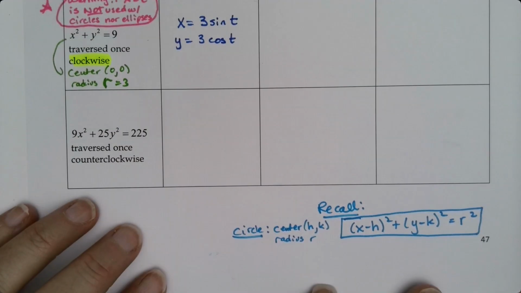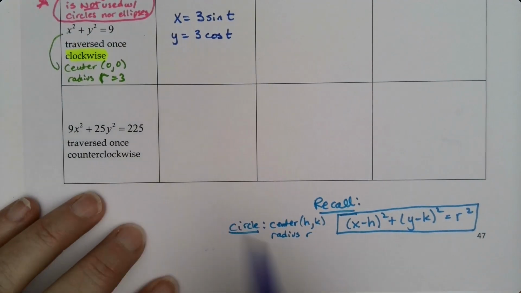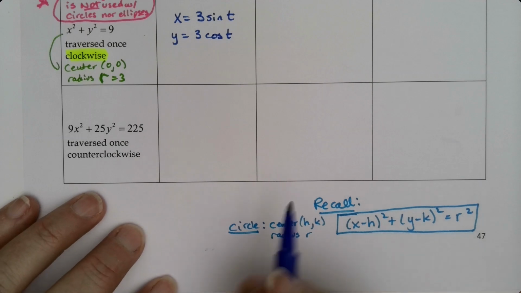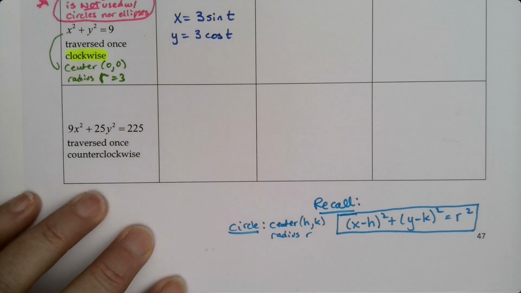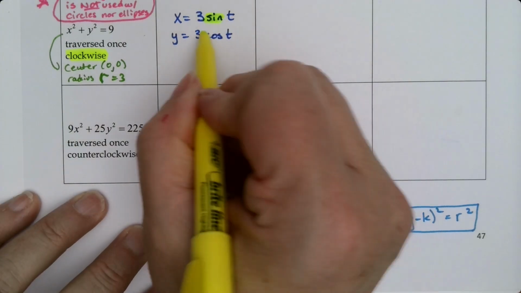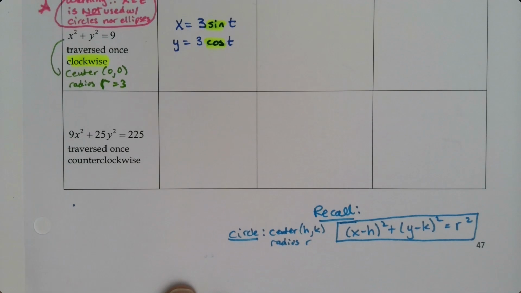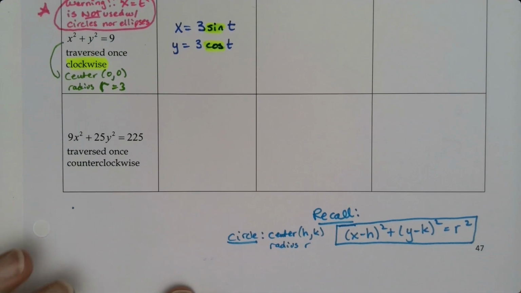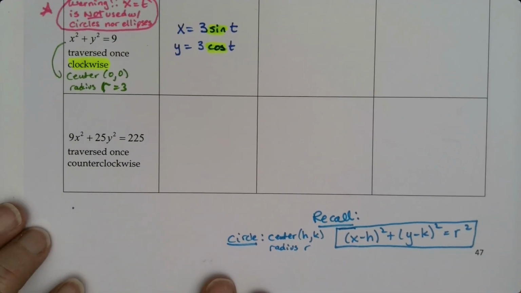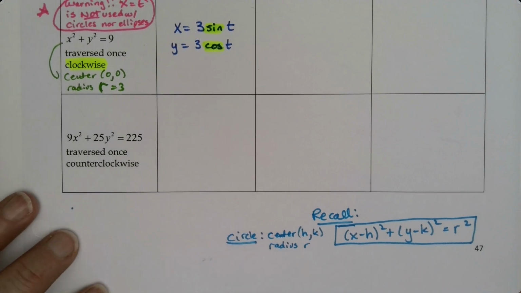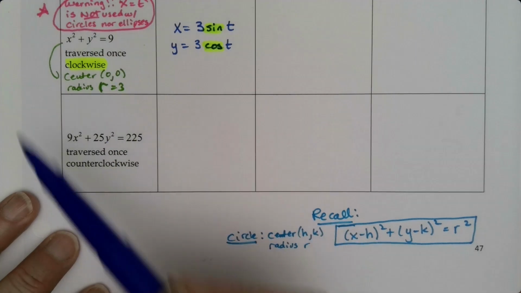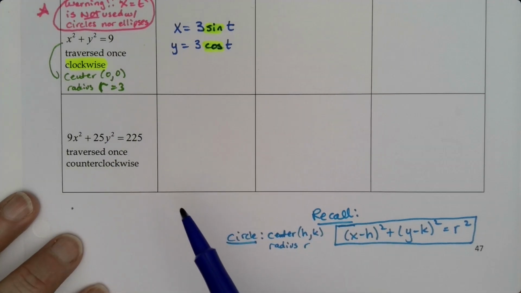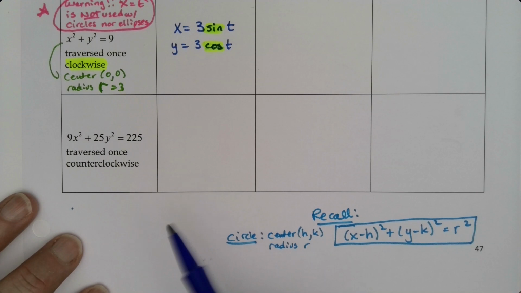So when we do parametrics for those, if you want clockwise, it's sine for the x, cosine for the y. When we want counterclockwise, we reverse it, which is why your unit circle that you learned about in pre-calculus always had x as the cosine, y as the sine, because you move around the unit circle in a counterclockwise direction.